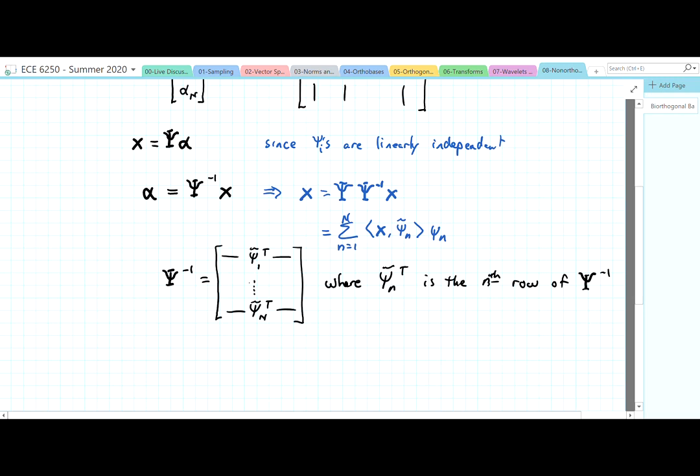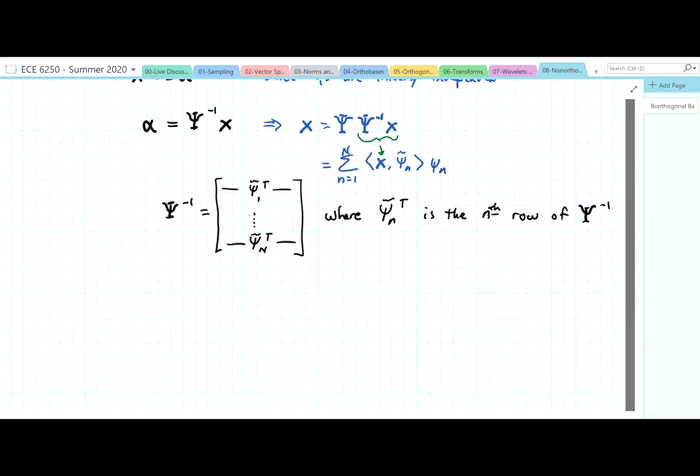Okay, so in other words, right here we're projecting x onto this psi inverse, and then we're building up x again using the psi functions. So when we had an orthonormal basis, psi inverse is just equal to psi, and everything was great. But here we have two different functions operating.